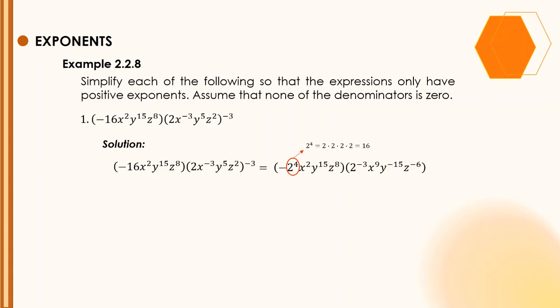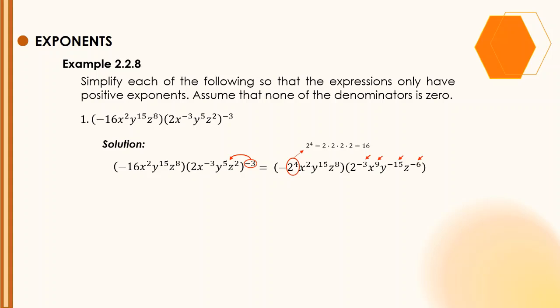At mapapansin nyo, iba na yung exponent sa second bracket, dahil multiply natin ang negative 3 sa loob. So, gi-applyan natin ng power rule. So, that is negative 3 times 1 will be negative 3, so yung exponent ng 2 is negative 3.